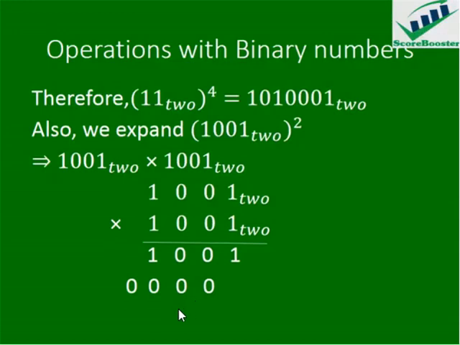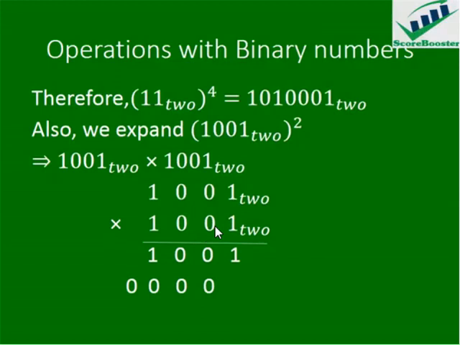You move to the third column. When you multiply, then use 1 to multiply, which is the last number. Then you start from the second column. So when we want to use this one to multiply, 1 multiplied by 1, 1. 1 multiplied by 0, 0. 1 multiplied by 0, 0. 1 multiplied by 1, 1.